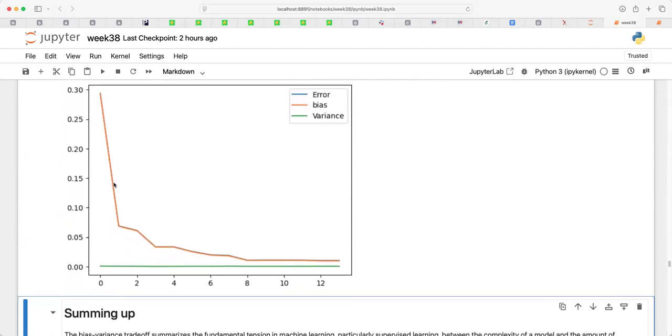And that changes the picture totally. In this case, the variance is basically 0. And the bias is just following the standard error, which I have, the mean squared error. So in this particular case, we have a model which basically doesn't overfit. And you see that the mean squared error is getting pretty flat.